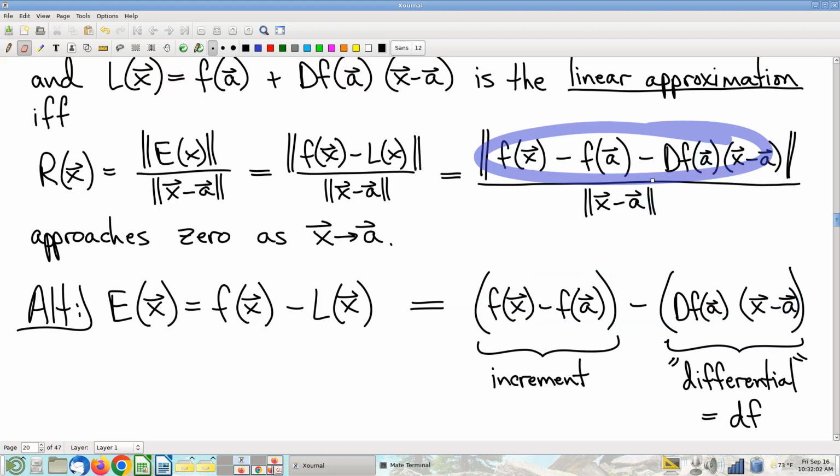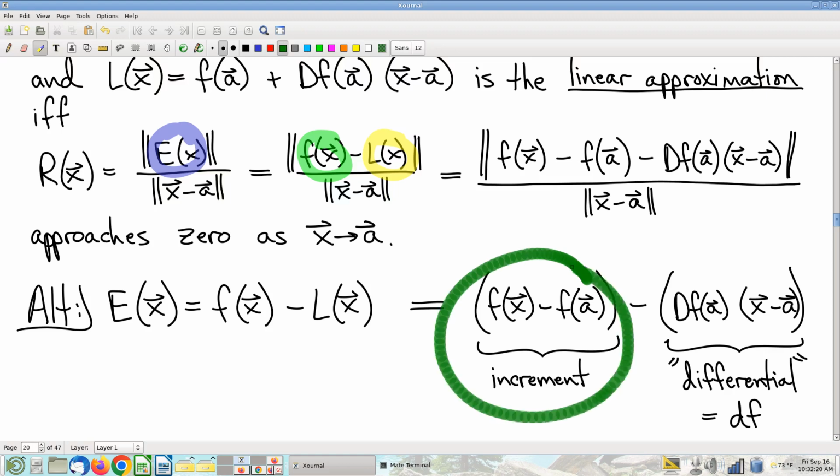And so notice that numerator, aka the error, you can view that as correct value minus approximated value, but you can also view it here as the actual amount the function changed compared to a linear estimate of how much the function changed. And that's a nice, different way to think about it.